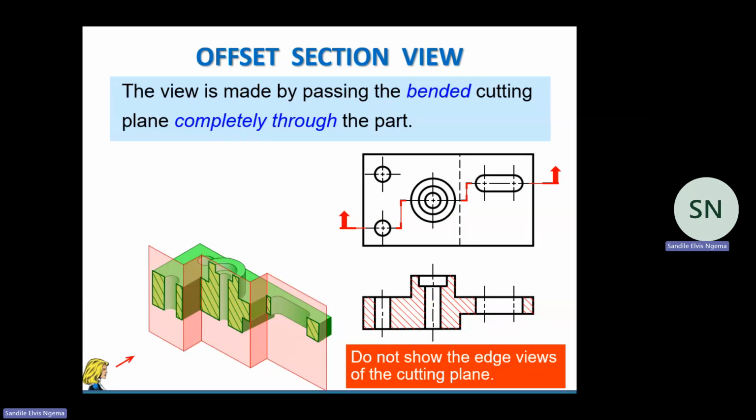Okay, so in our next class, we are going to continue with more different types of sectioning, if I can call it that way. The parts that we are not allowed to section, and the different styles of sectioning, but it's going to make more sense in our next class.